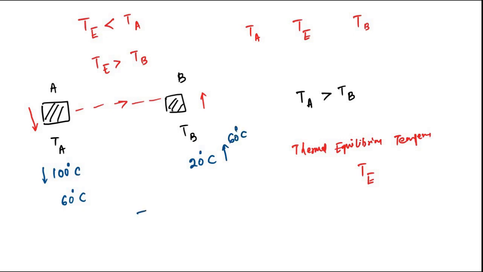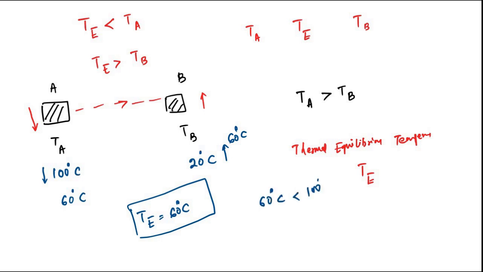So the equilibrium temperature is 60 degrees Celsius. This equilibrium temperature is lesser than the initial temperature of A, which is 100 degrees Celsius, but it is greater than the initial temperature of B, which is 20 degrees Celsius. This is the concept of thermal equilibrium.